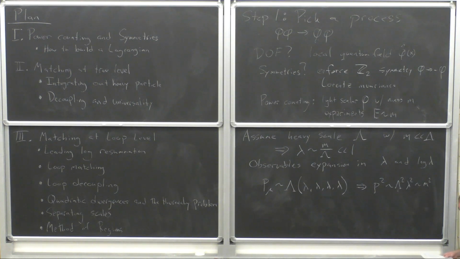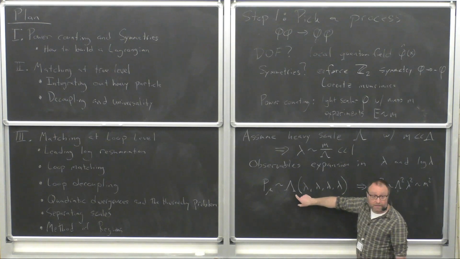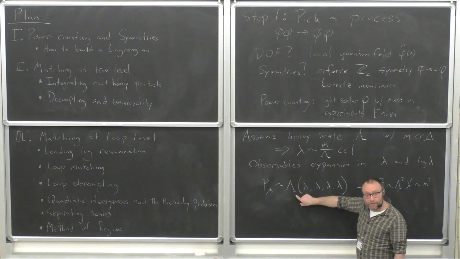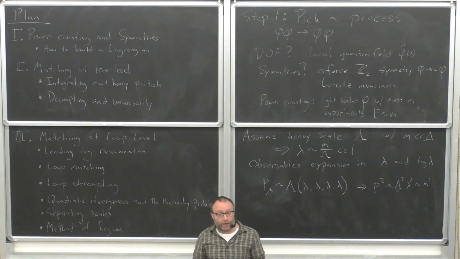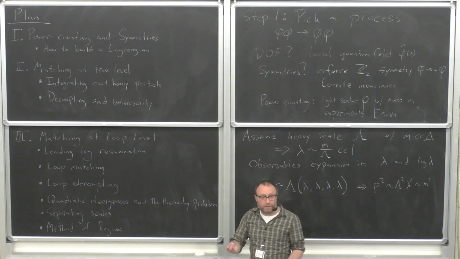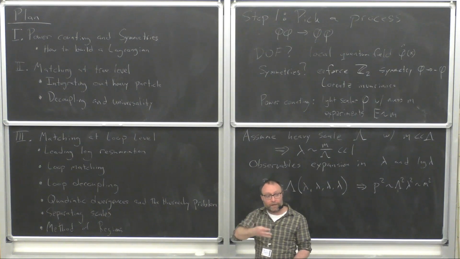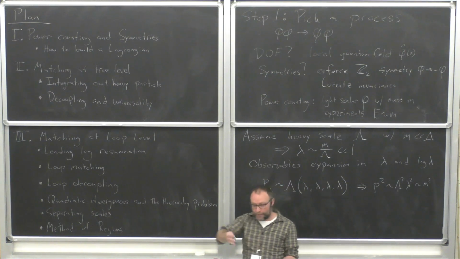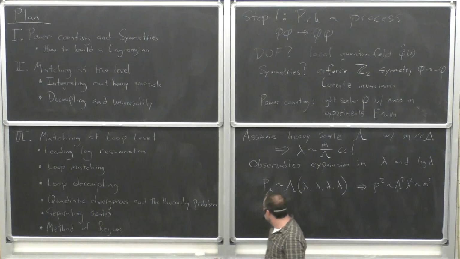So, starting with this, okay, now we can determine the power counting for the fields. And that's the next critical step in order to be able to organize our perturbation theory, because ultimately we're doing some kind of expansion in terms of local fields, and we want to be able to understand how many operators to keep at a given order in the lambda expansion, okay?